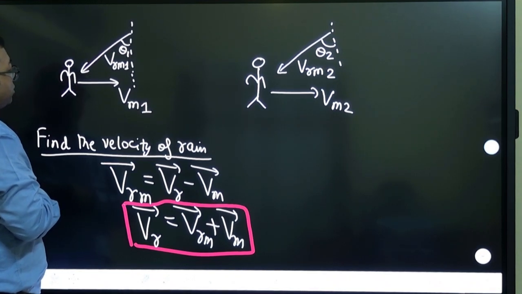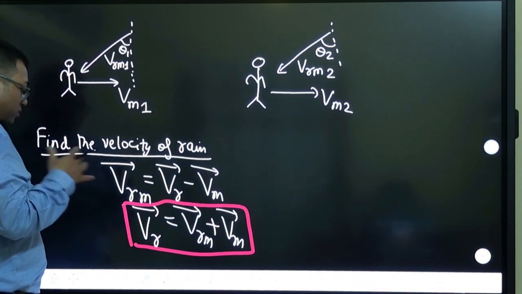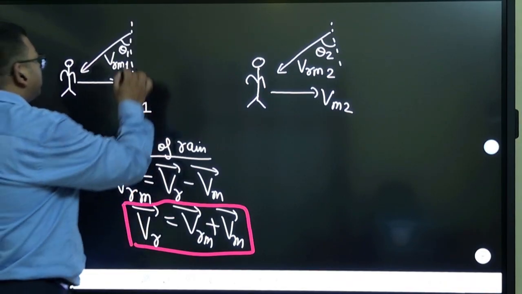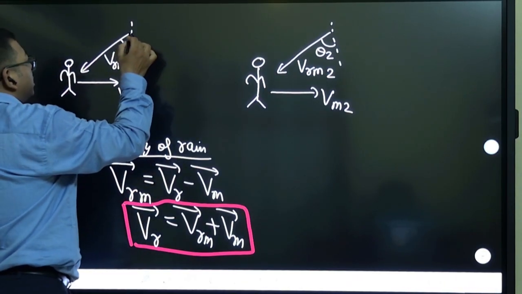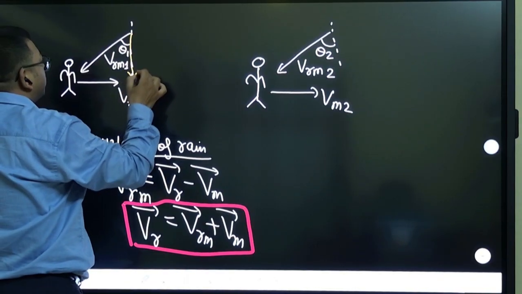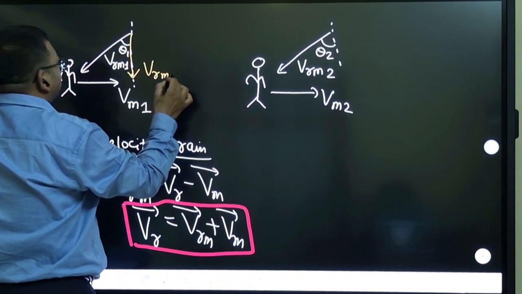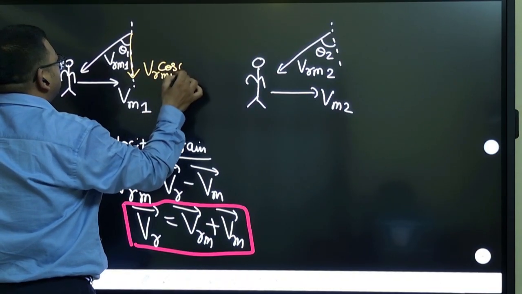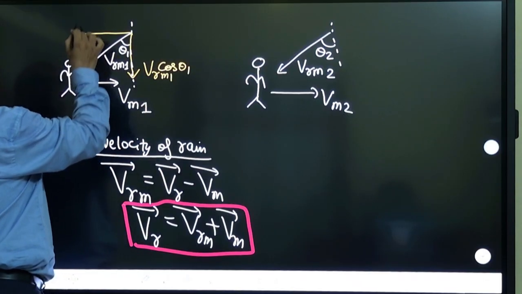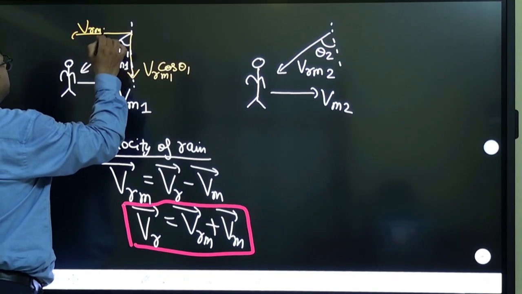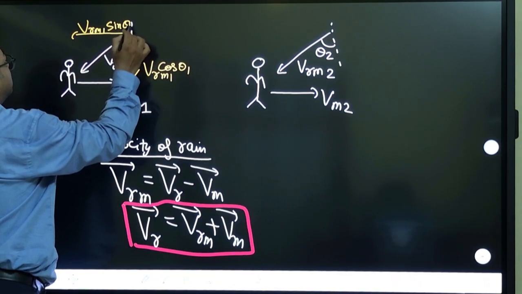How will you solve this type of question? You need to do it like this. This relative velocity is there, na? Break this relative velocity into two components. You know how to break components. This is VRM1 cos theta 1 and this is VRM1 sin theta 1.